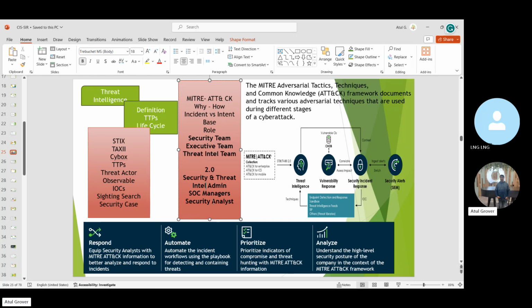They deal with ATT&CK on a day-to-day basis. They work on their incidents with the help of this. How many techniques, tactics, and how much common knowledge I need totally depends on the customer, the type of security incident, and the type of security issues they want to overcome.